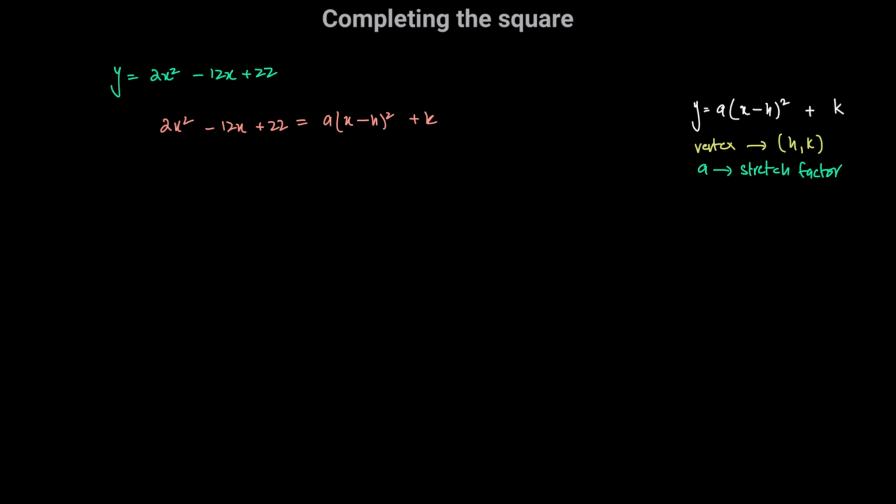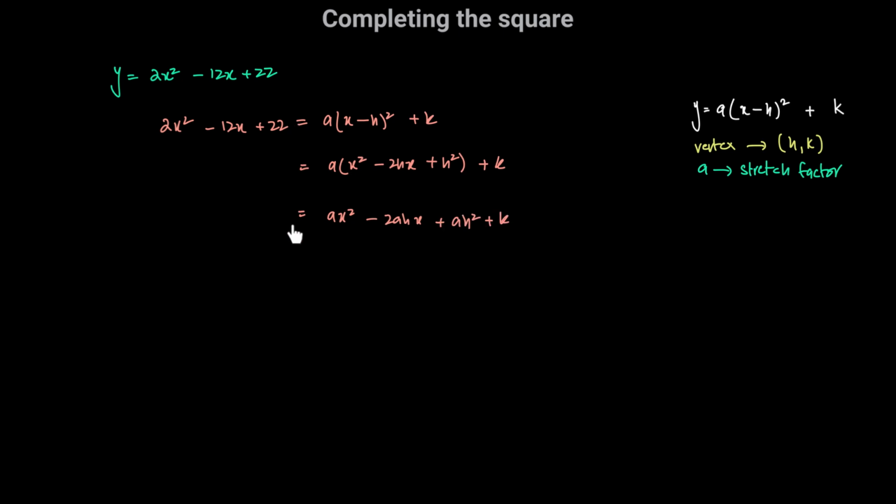What do I mean by that? Let's expand the right hand side. What we have is a times (x squared minus 2hx plus h squared), and then we have k. And if we distribute a, we have ax squared minus 2ahx plus ah squared plus k.